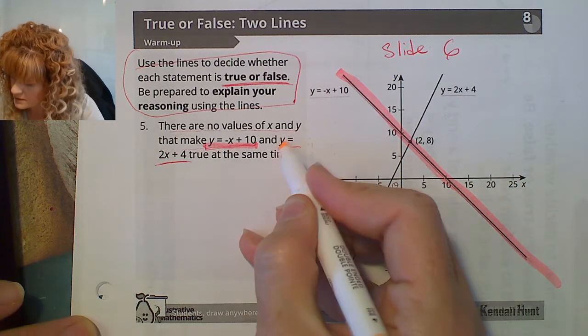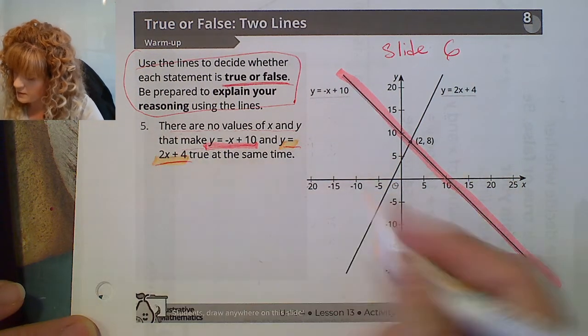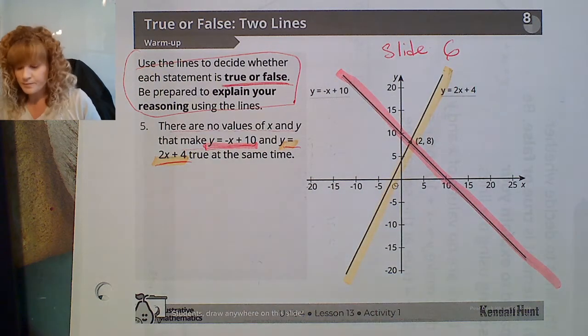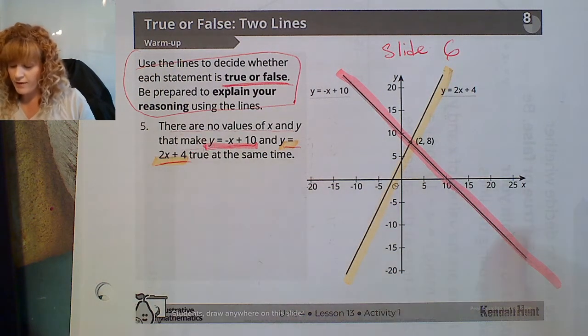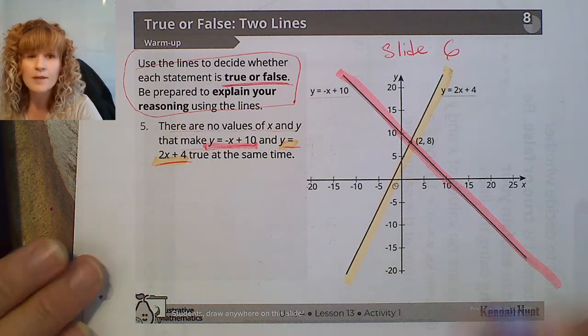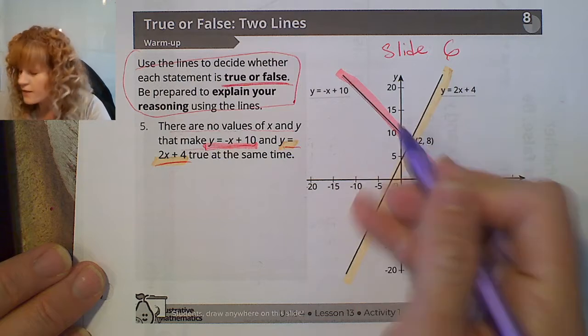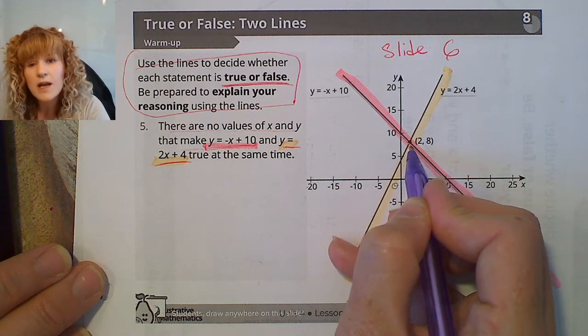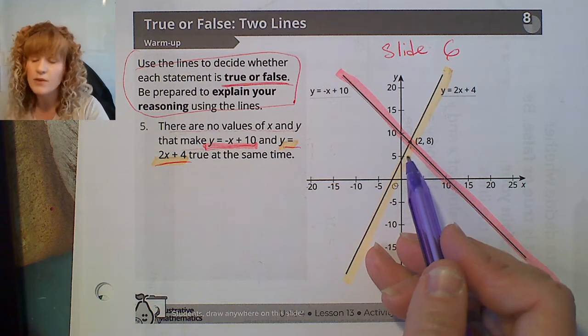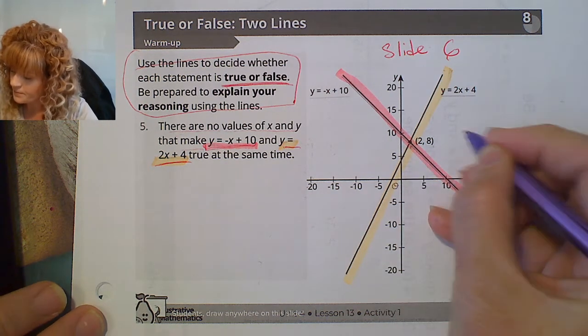Y equals 2x plus 4 is this line right here. So it says there are no values of x and y that make both true at the same time. But wait, look at the point where they intersect. At that intersection point, they have the same value for x and y.